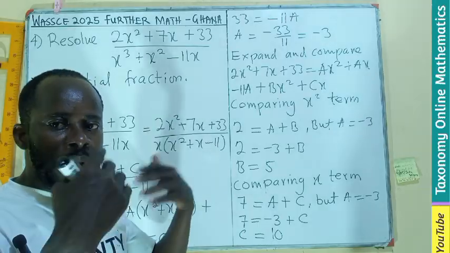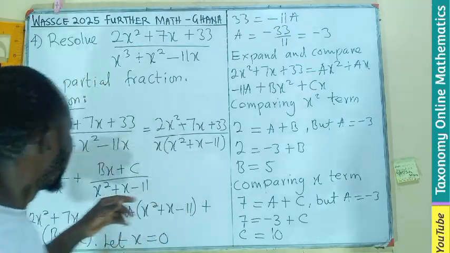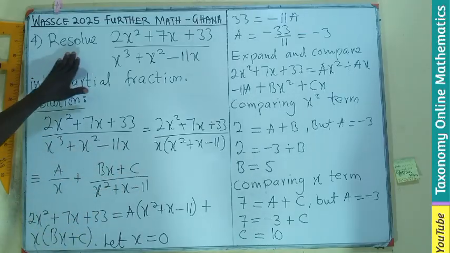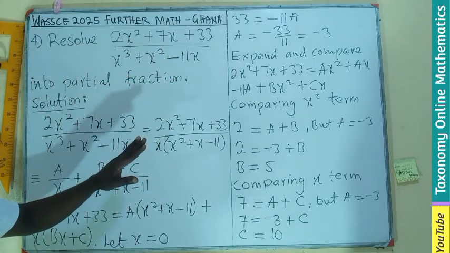Now we only replace the original terms with A, B, and C to find this fraction resolved. Is that okay?